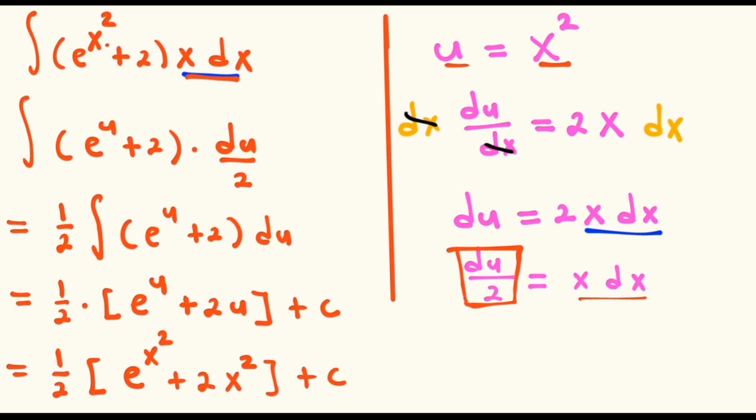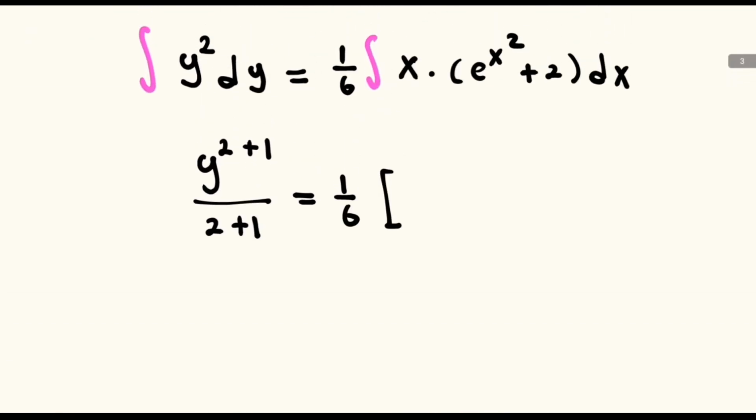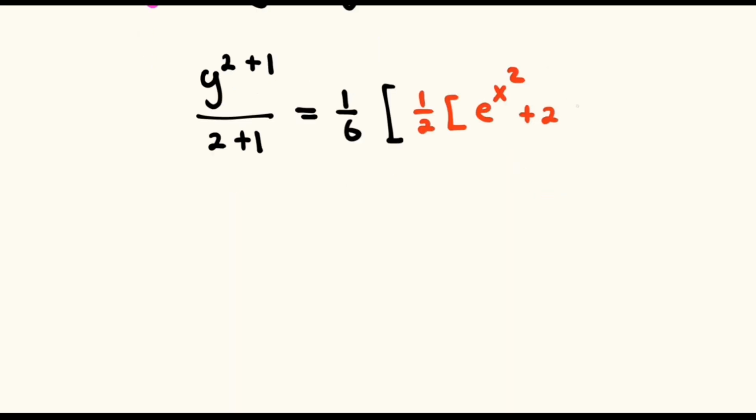We substitute this on our integral, so we have 1 over 2 multiplied by e raised to the power x squared plus 2x squared plus c.